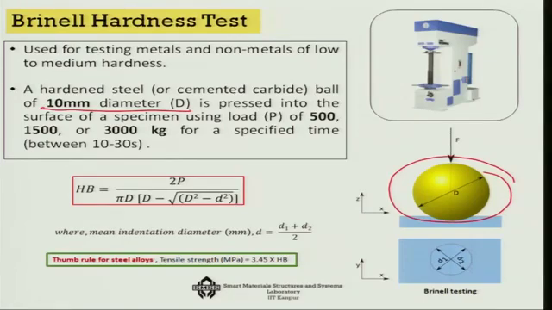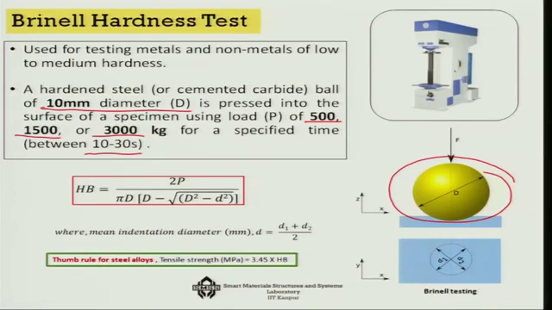It is pressed into the surface of the specimen using a load P, which varies, either 500 kg, 1500 or 3000 kg, for a specified time, generally between 10 to 30 seconds.